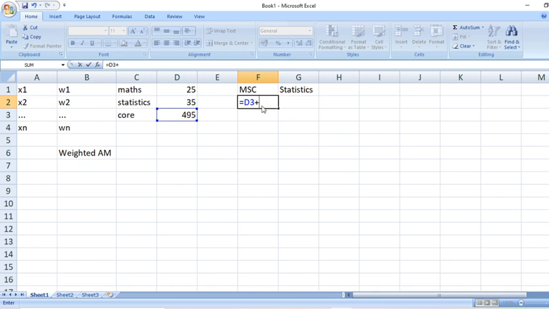And if you are applying for statistics, again they will add the mark of statistics. Normally this will be the index mark.